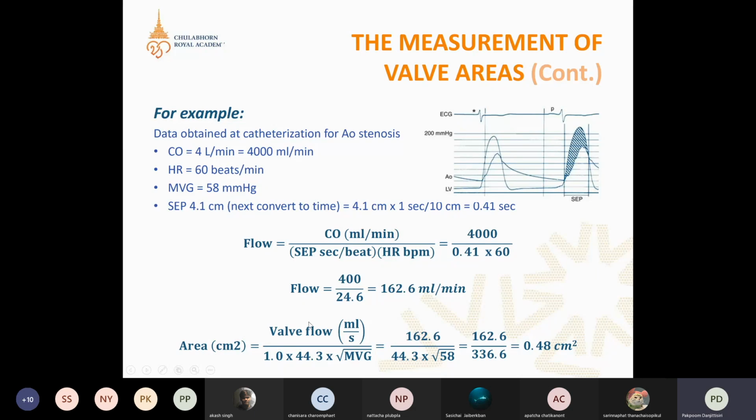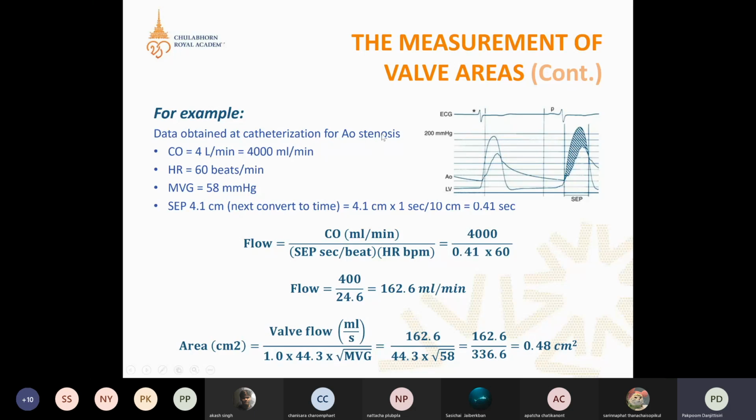And then we will take this flow into the area equation. The valve flow is 162.6 divided by K, which is 44.3, and then C is the empirical constant. We are going to find the aortic valve area.